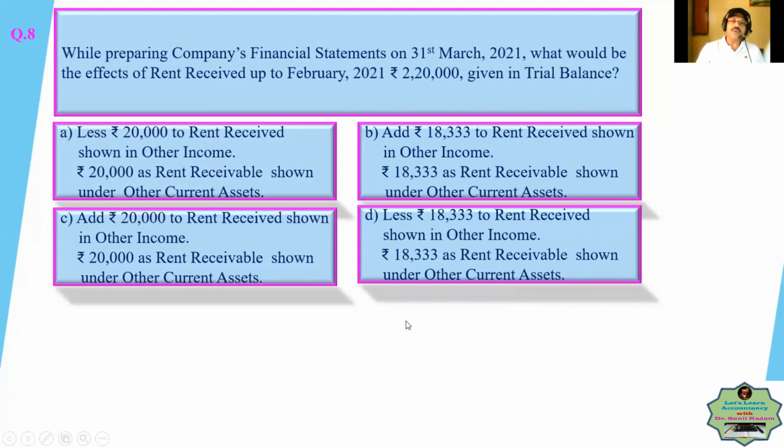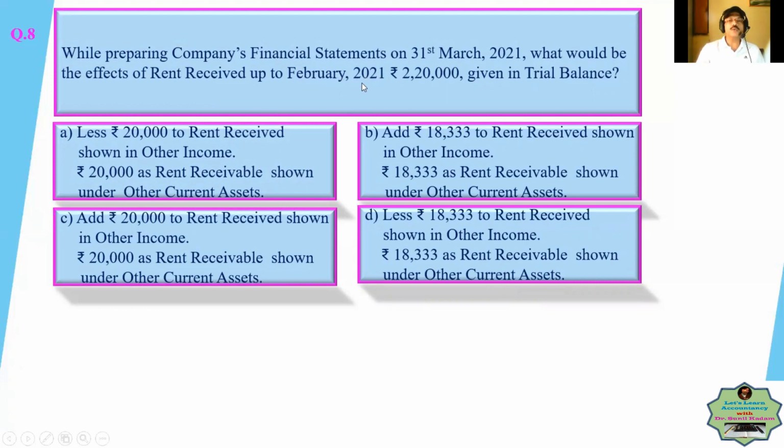As we know, whenever income is outstanding or receivable, it is called accrued income, and we need to work out how many months it was. They have talked about February, which means 1 month's income is outstanding, 1 month accrued.